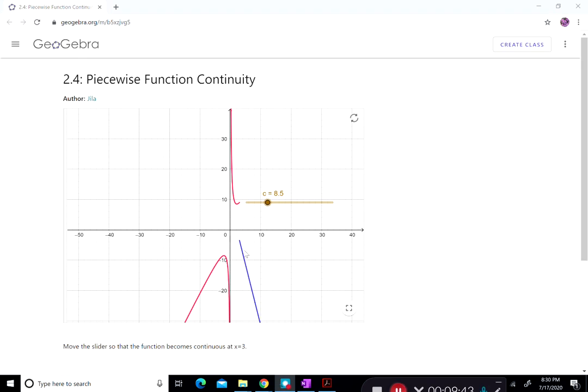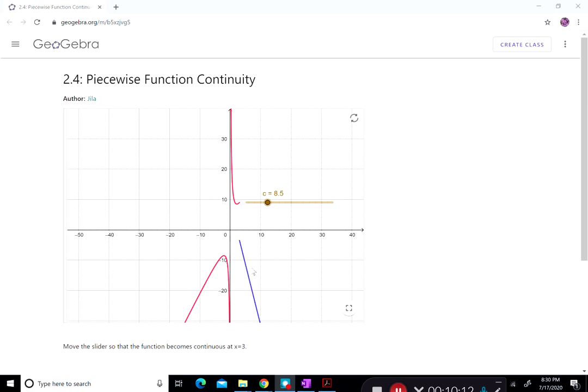This gives you a little chance to look at the two pieces. Remember, the first piece, to the left of 3, is a rational function, and the other piece is a linear function.